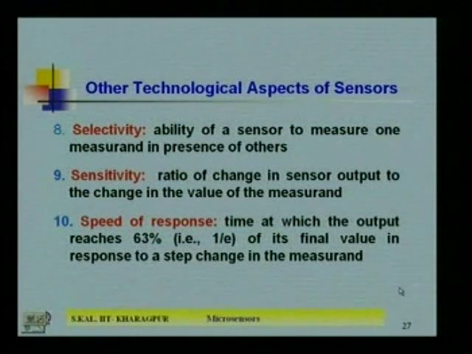Then comes selectivity, sensitivity, and speed of response. Selectivity is again an important parameter. Why? Because I am giving you one example, and that example is again about the thermal sensor. You are going to measure the temperature of a particular body. That temperature can increase by absorption of heat.